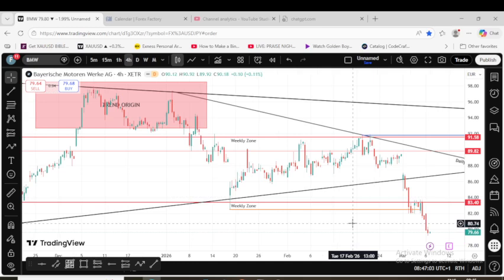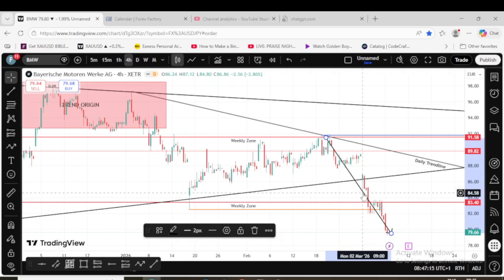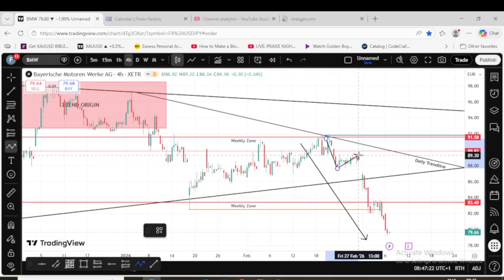So we have this entire move, which is a bearish impulsive move here. But we can also break down this bearish impulsive move into an impulsive, correctional, impulsive, correctional, impulsive move on the lower time frame.